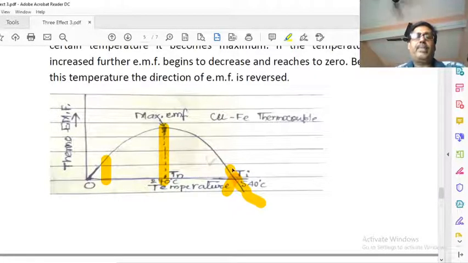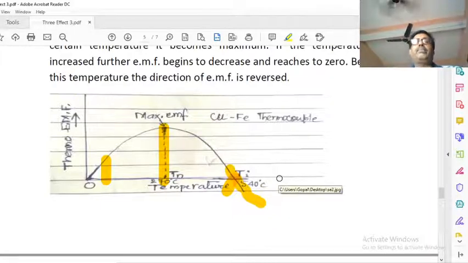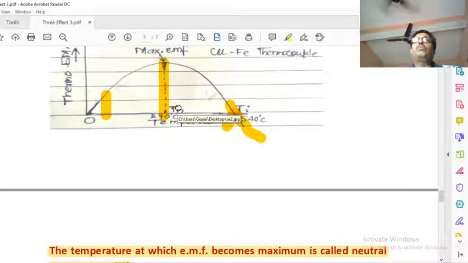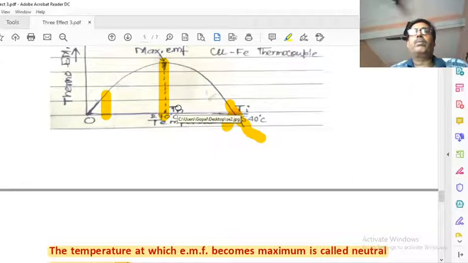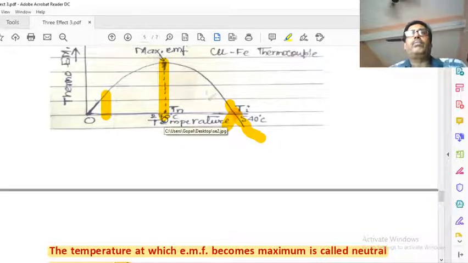The temperature at which the direction of EMF is reversed is known as the temperature of inversion. So it is Tn for neutral temperature and Ti for inversion temperature. The value of Tn or Ti is different for different thermocouples. Here I have given the example of the CuFe thermocouple.